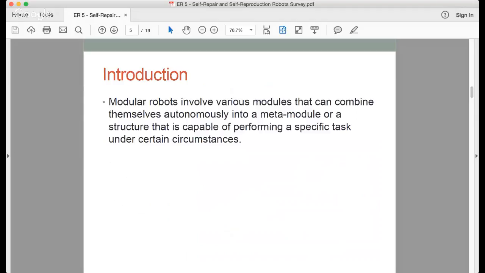Modular robots involve various modules that can combine themselves autonomously into a meta-module or a structure that is capable of performing a specific task under certain circumstances.